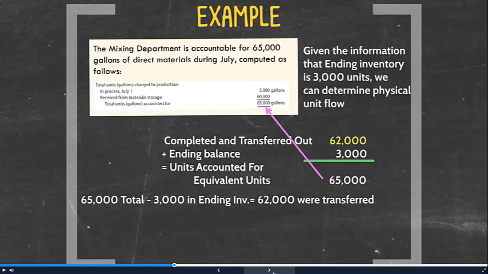Typically, they're going to give you that ending balance figure. So if they gave me the ending balance figure, and I know my total units to be accounted for were 65,000 because that has to agree, I can conclude that the number of units that were completed and transferred out must be 62,000. And that would be the end of step 1.